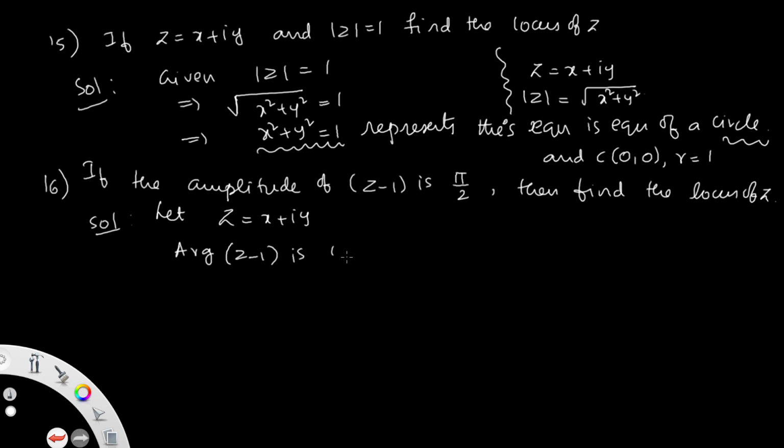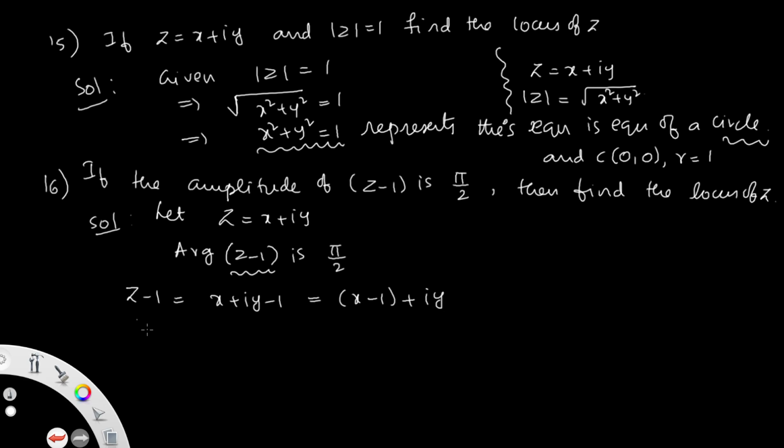Amplitude or argument, both are the same. First simplify: z minus 1 is nothing but x plus iy minus 1. Simplify, separate the real part and the imaginary part, so that is x minus 1 plus iy.